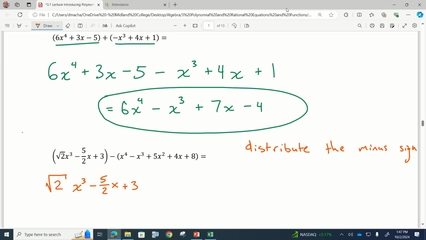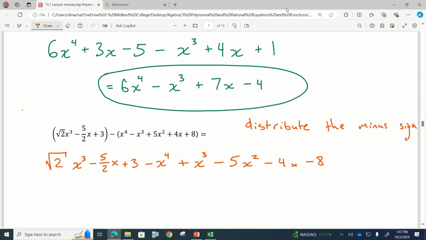And what I mean by that is I get to this point where I want to get rid of the parentheses, but I actually have to say minus x to the 4th power. And then since I'm distributing the minus sign, I'm actually going to say plus x to the 3rd power minus x squared, minus 5x squared, minus 4x minus 8. That's what I mean by distribute the minus sign.